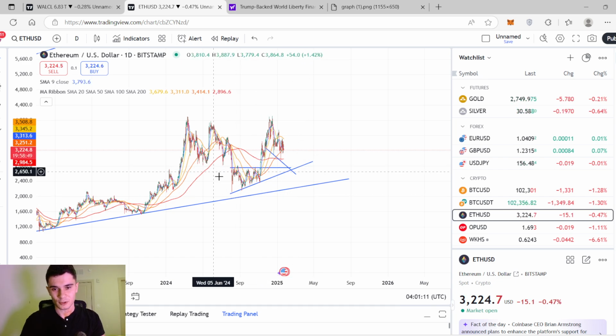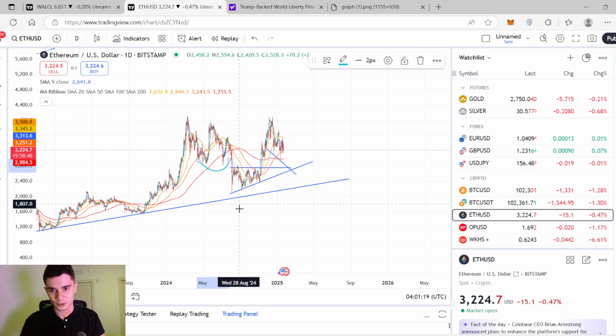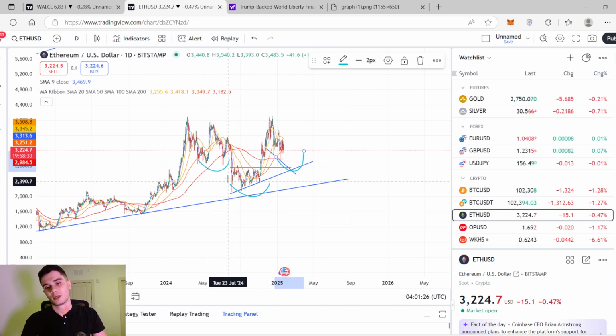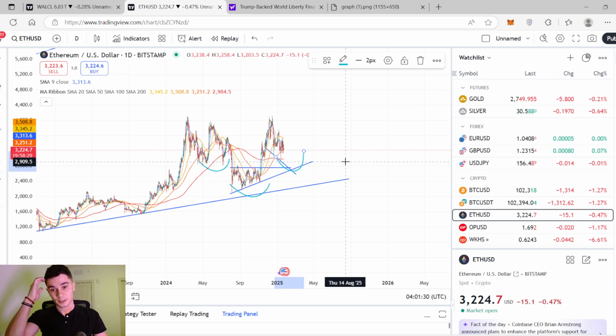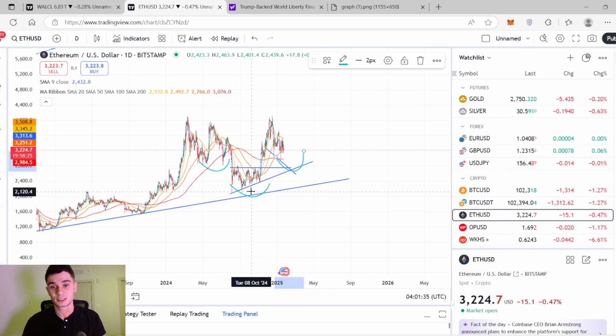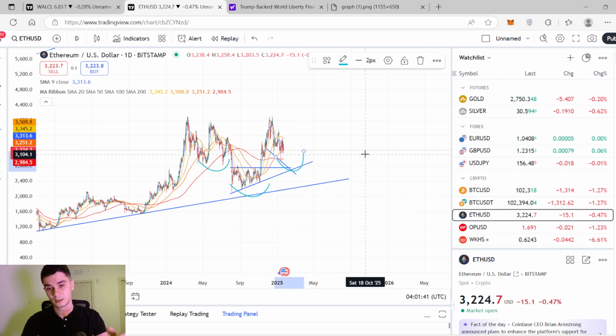Okay, so this might play out as a reverse head and shoulders, and basically we have a shoulder, we have a head, and then we are potentially forming another shoulder. This is a pattern in technical analysis that is very common on the charts, and this usually indicates that the price will go up.